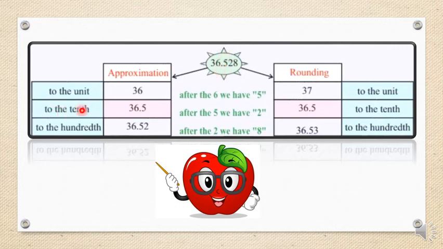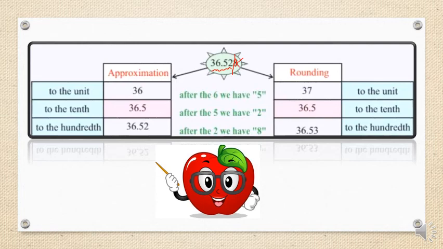Similarly, if I want to approximate it to the 10th, just cut it at the 10th digit. Similarly, for the 100th, we cut this number at the 100th place. So the approximation keeps all the numbers to the left, and we drop the digits to the right.